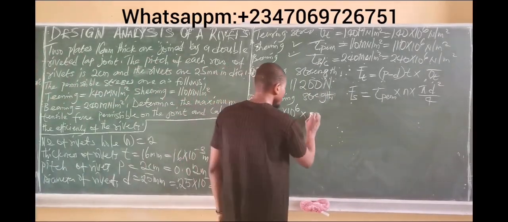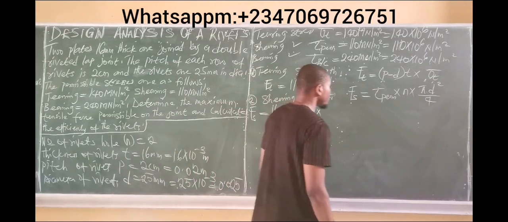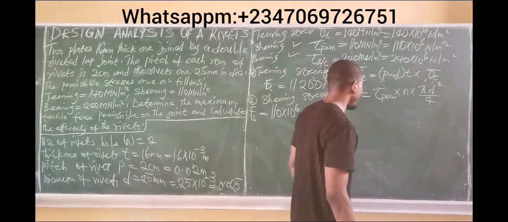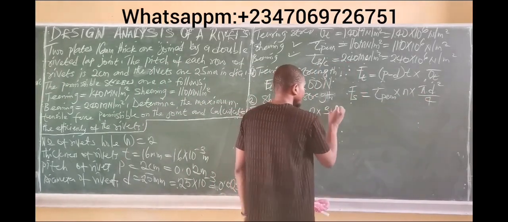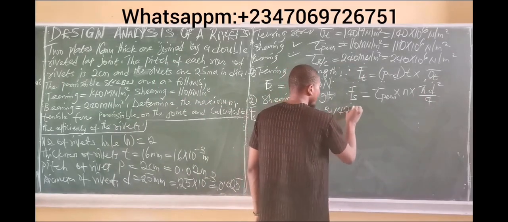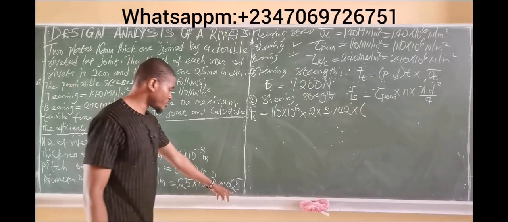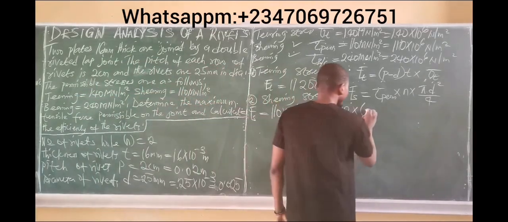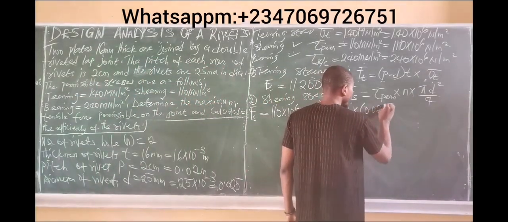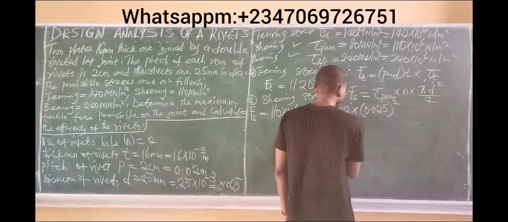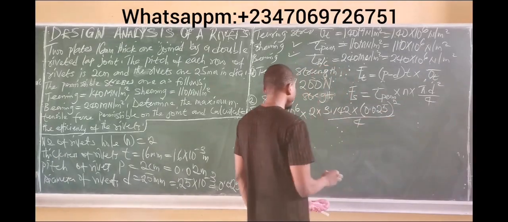So n is equal to 2. So multiply by 2 times, we have pi d squared all over 4. Pi is a constant value, 3.142 multiplied by diameter. Diameter was given to us as 0.025. Okay. So we have 0.025 all squared divided by 4.